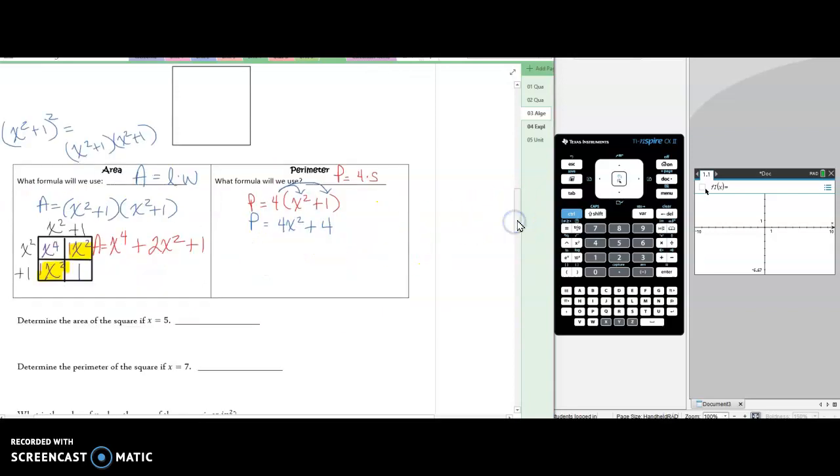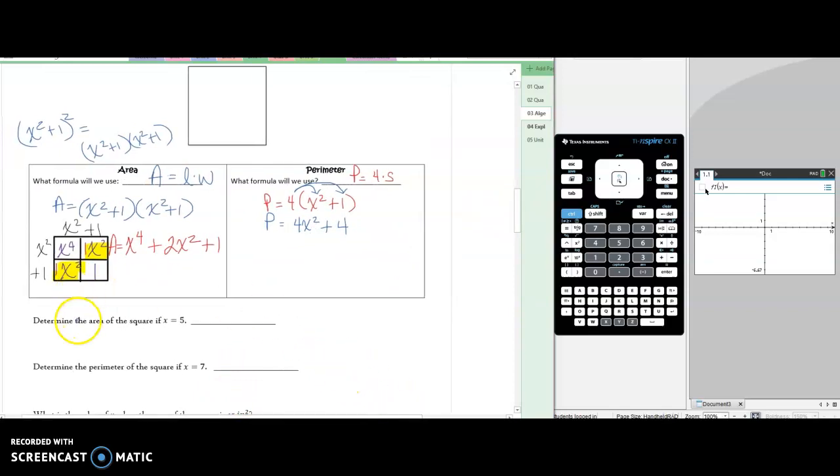Okay, now just like we did in that first video, we're going to determine the area of the square if x equals 5. Okay, so we know x equals 5. We know the area formula in terms of x is x to the 4th power plus 2x squared plus 1.